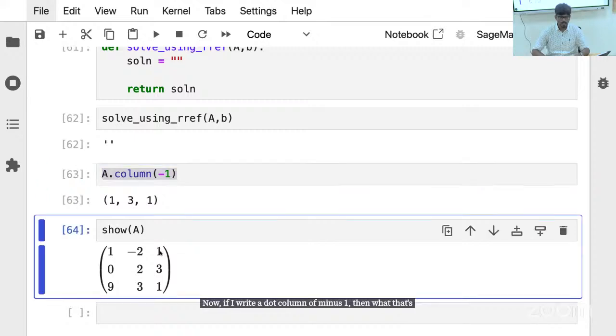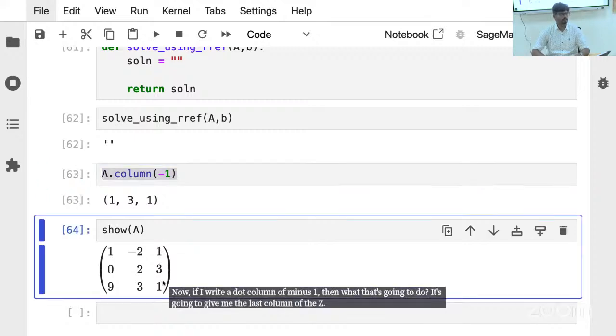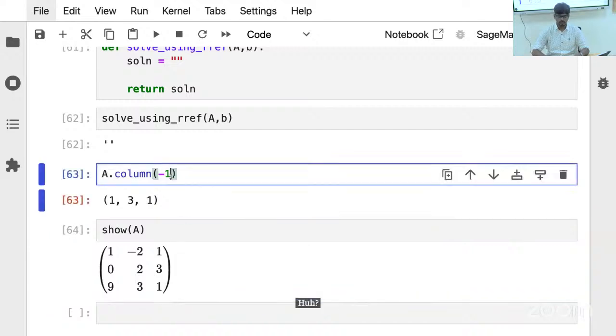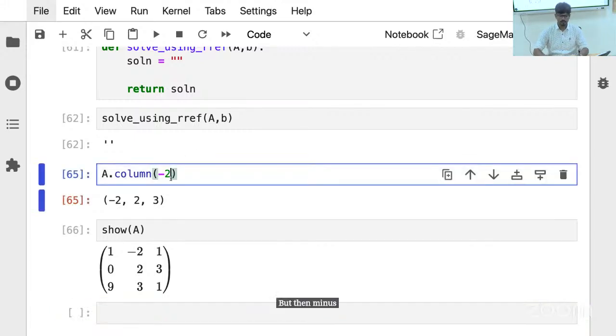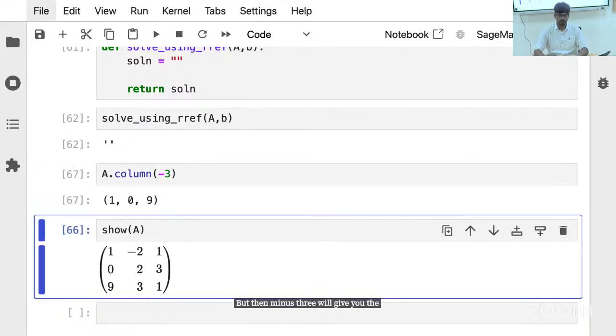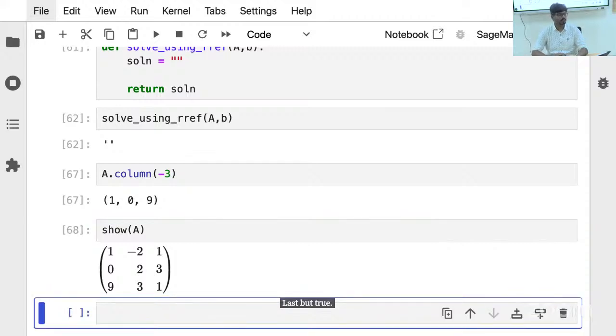It's going to give me the last column of this A. -2 will give you the last but one. So it counts from the back. Then -3 will give you the last but two. So you can count from the backward as well.